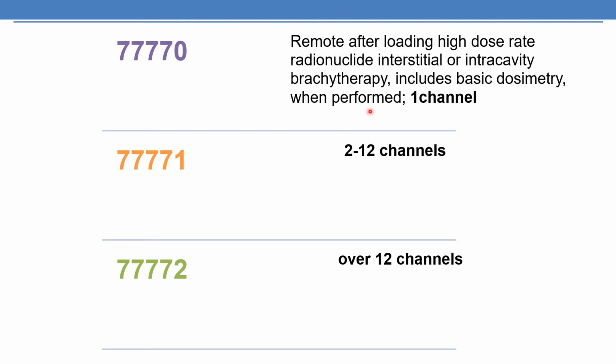These codes come under remote afterloading high dose rate radionuclide interstitial or intracavitary. Previous one was skin application. 77770 involves 1 channel, 77771 involves 2 to 12 channels, and 77772 involves over 12 channels.